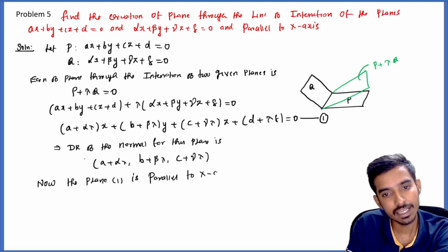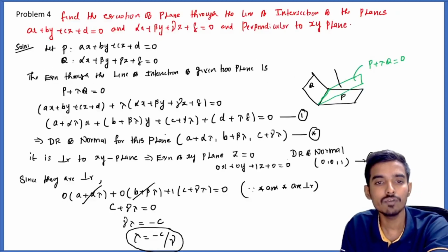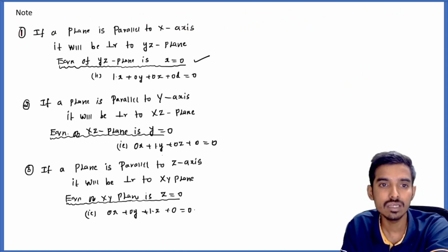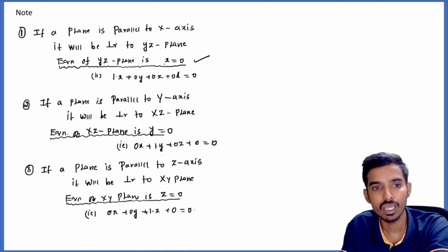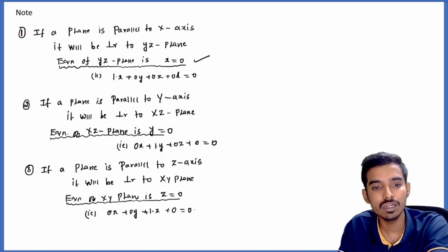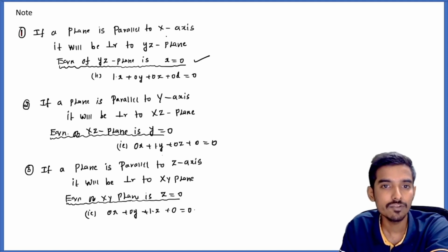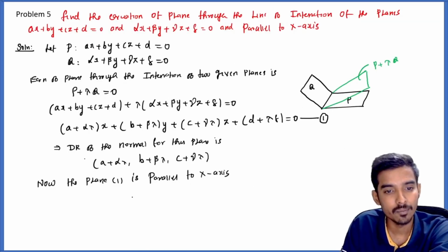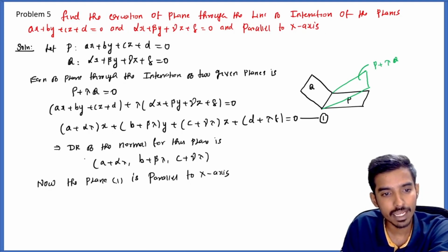We know if a plane is parallel to the x-axis, it will be perpendicular to the yz plane. If a plane is parallel to the y-axis it will be perpendicular to the xz plane. And if a plane is parallel to the z-axis it will be perpendicular to the xy plane. So the plane 1 is parallel to the x-axis.